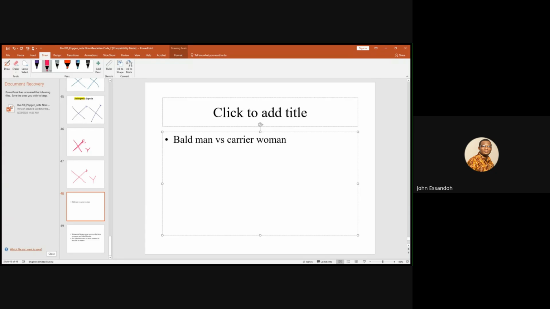What is the probability that their son will be bald, and the next one, what is the probability that their daughter will be bald?